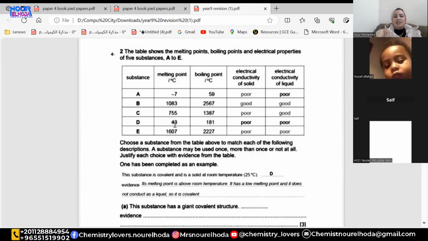He is saying this substance is giant covalent. I'm going to choose high melting and boiling point, and does not conduct electricity, since it's giant covalent, non-metals, so it's not going to conduct electricity at all. Okay, so which substance am I going to choose?